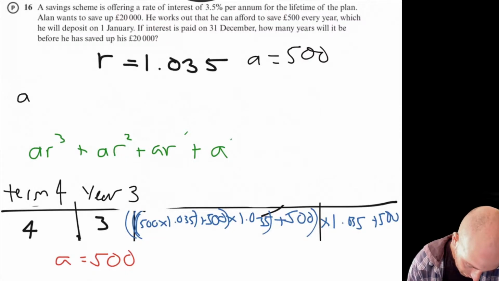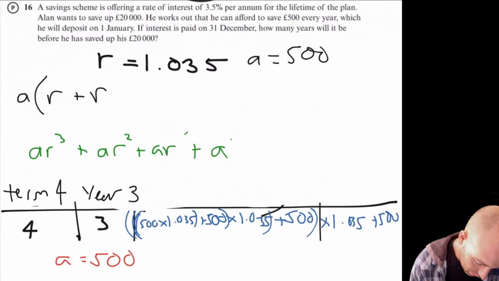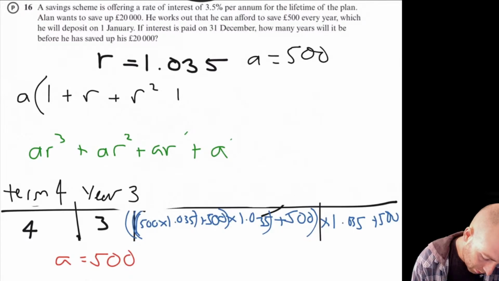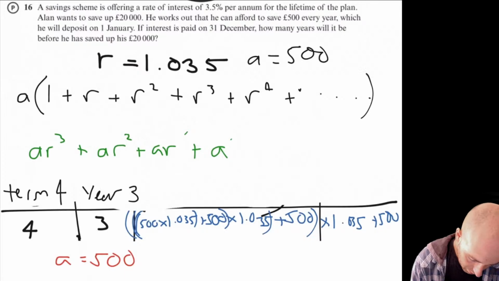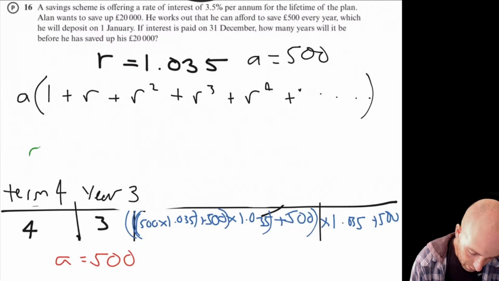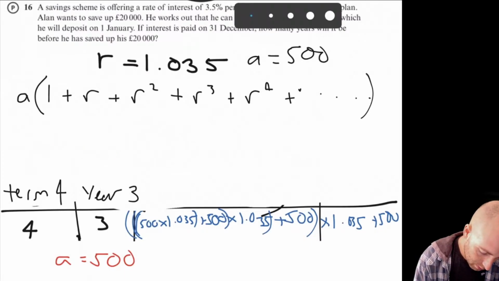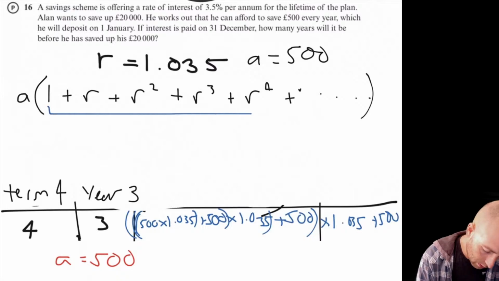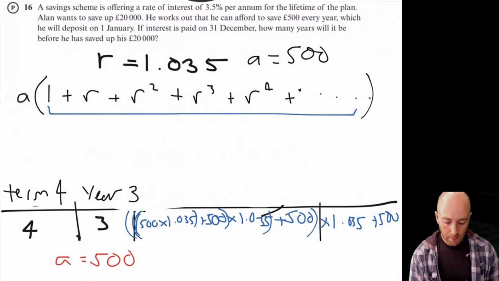So if I take out A, we get 1 plus r plus r squared plus r cubed plus r to the 4, etc., etc., etc. Which definitely is a geometric series. So all this stuff here, that's our geometric series.